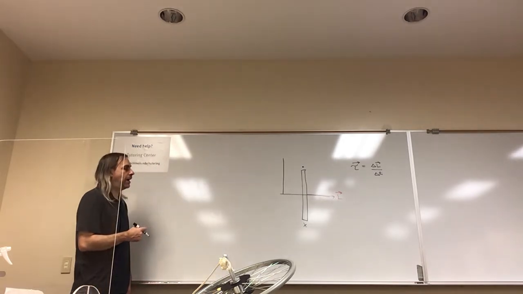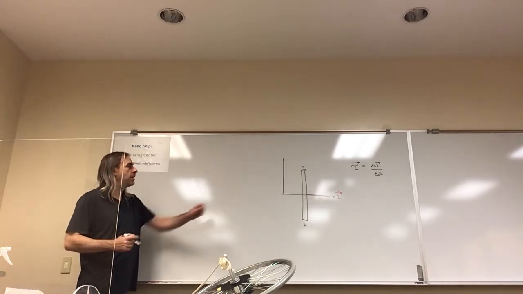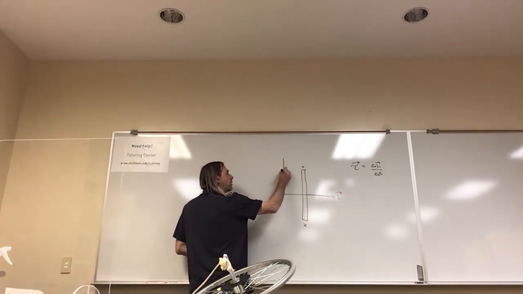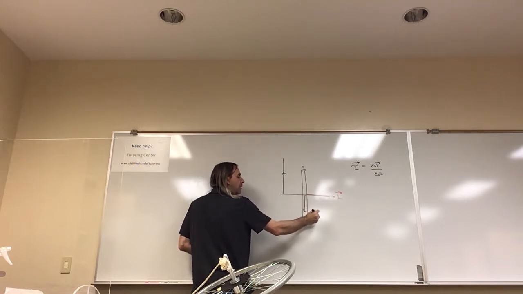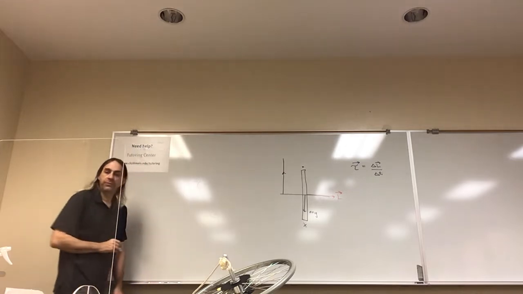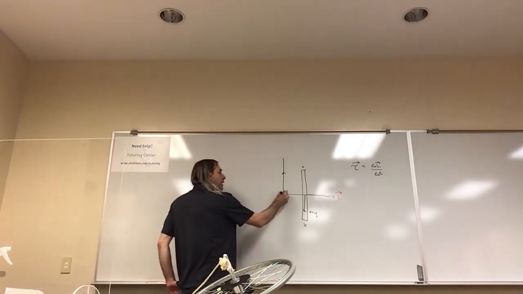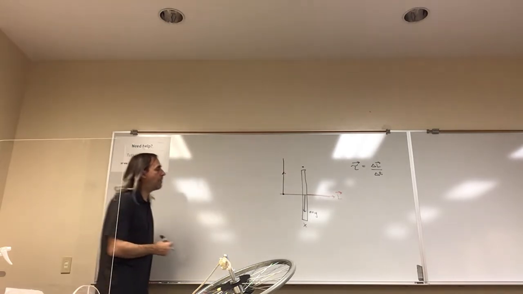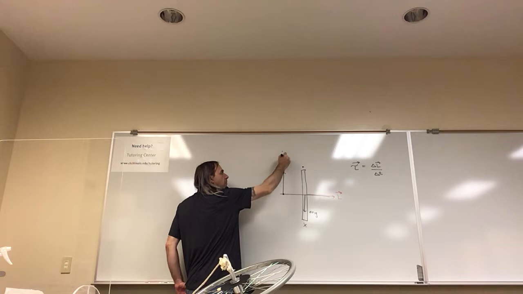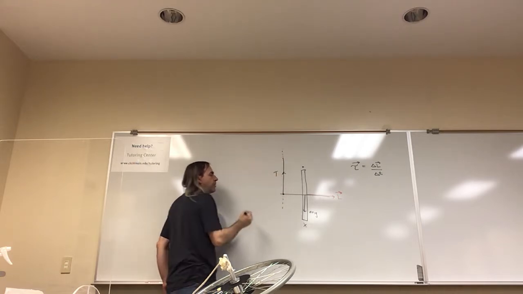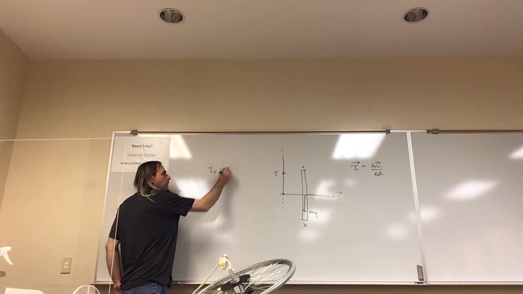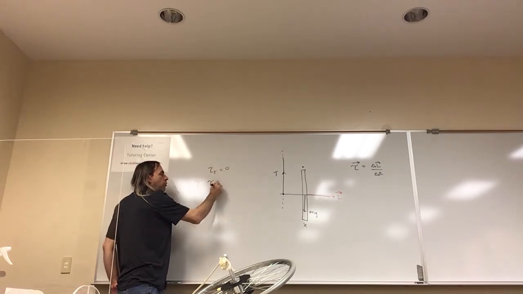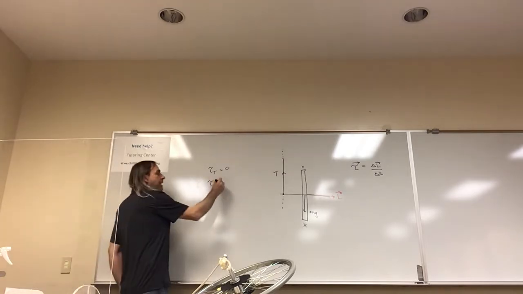If I release it, we have tension acting upwards and gravity acting downwards, and gravity is basically at the location of the wheel. So let's calculate the torque about this axis here. The torque due to tension is 0. And then we have a torque due to gravity, which is going to be into the board.